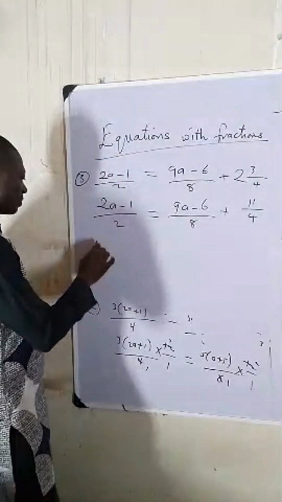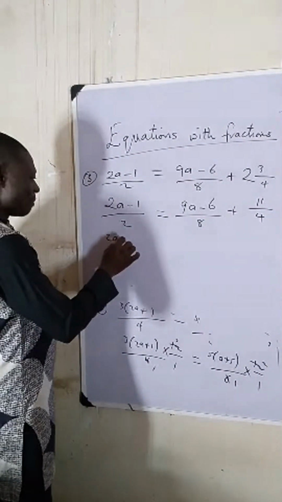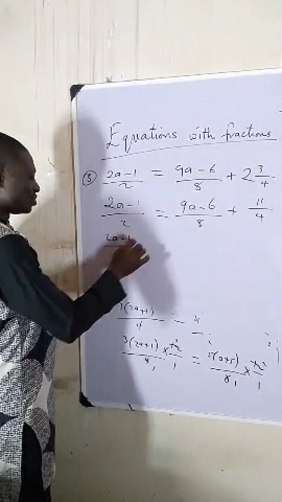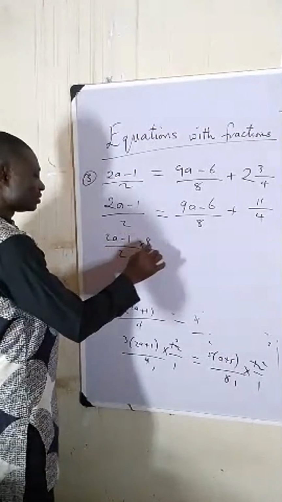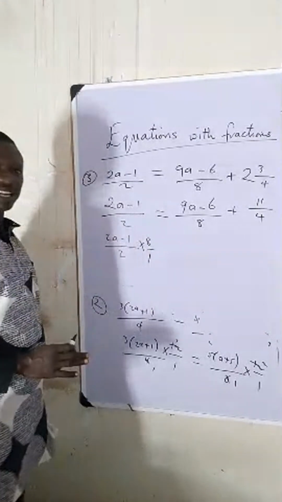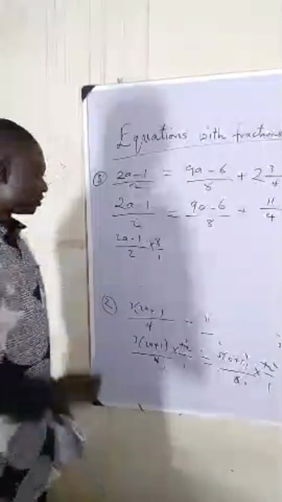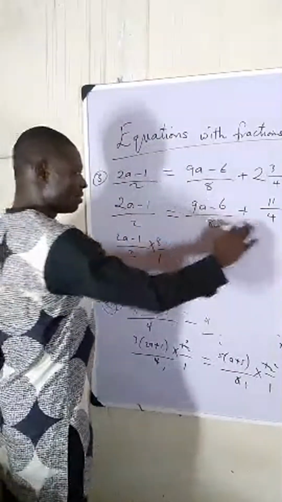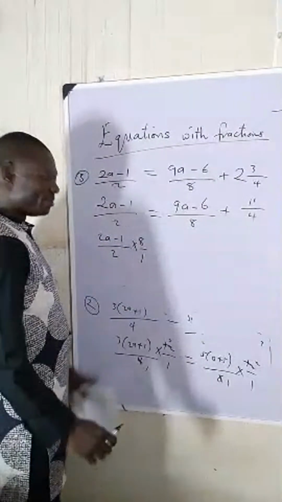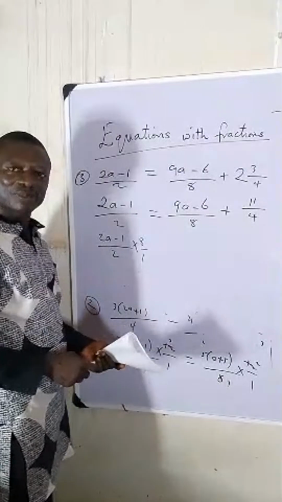And so we are going to multiply by 8. 2a minus 1 over 2 times 8 over 1 for this one. Remember the language: multiply each term by the LCM of the denominators. So this is 1 term, 1 term, and 1 term. Term simply means a complete expression in mathematics.